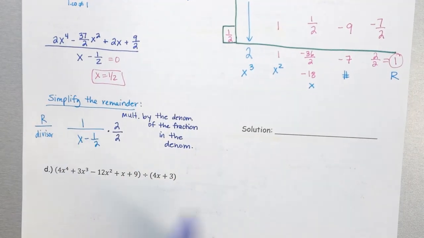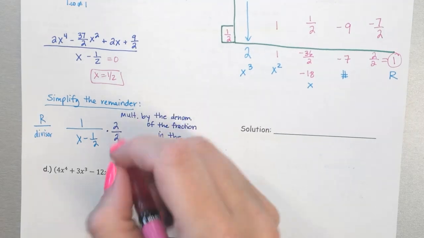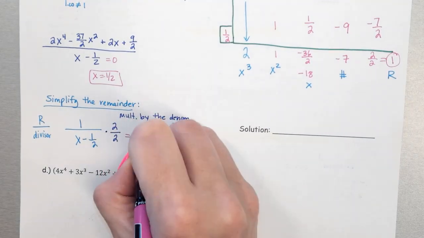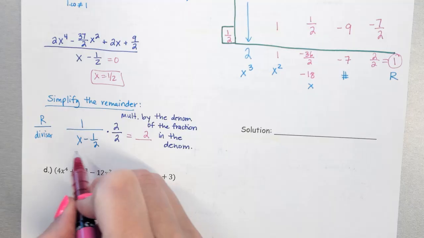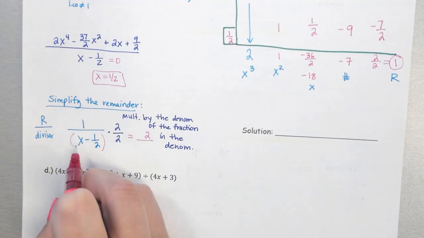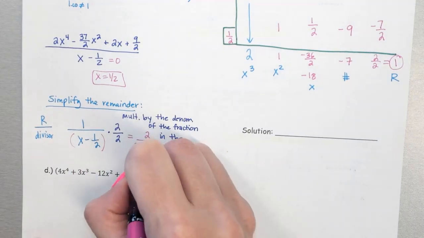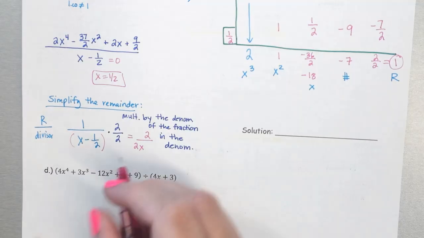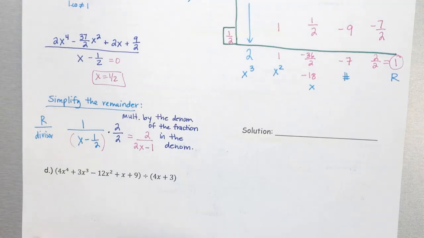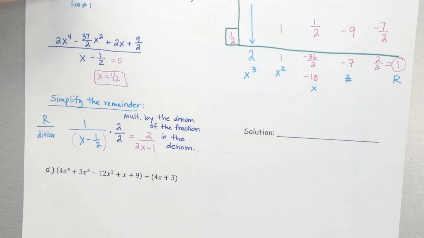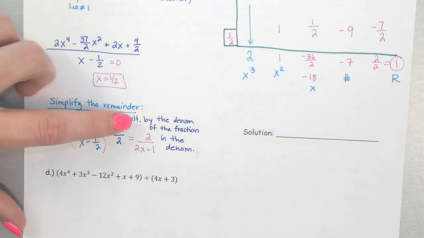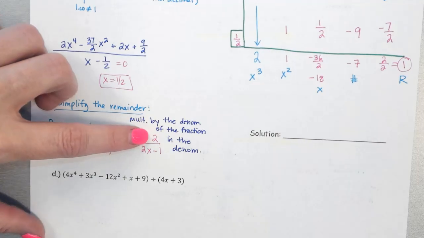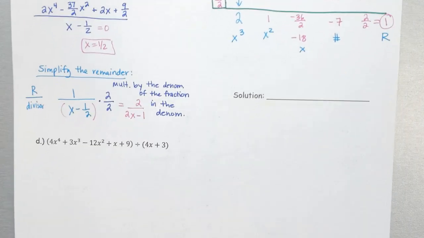All right, so if I do 1 times 2, that's going to give me 2. And then here you distribute. So 2 times x is 2x. 2 times negative 1/2 is negative 1. So in this case, it is the same as what you had before in the denominator, but see how the numerator is now 2?